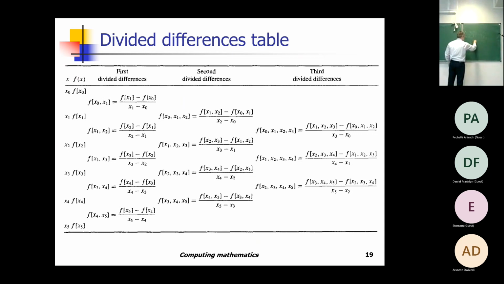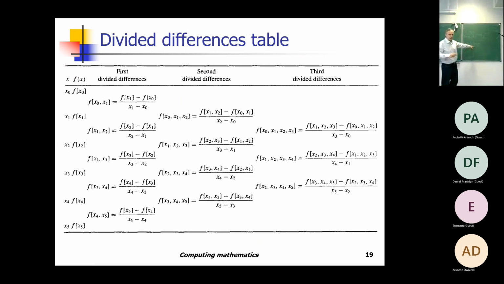This is for this one. The next, (f2 minus f1) over (x2 minus x1), and so on. This is the first divided difference.